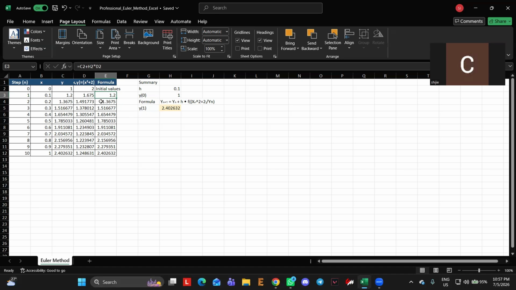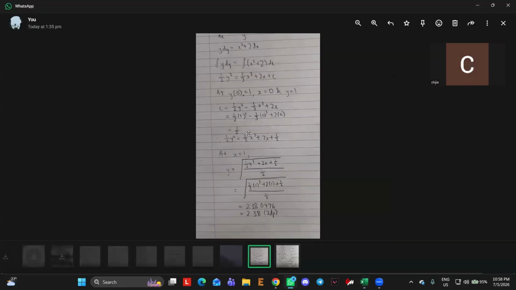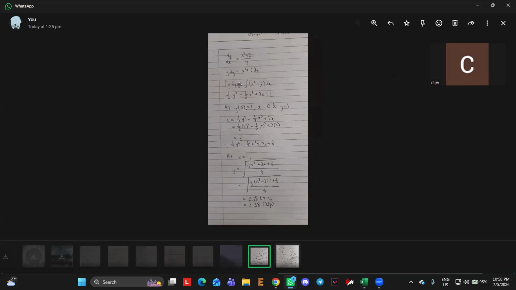We do the same for the rest of the steps, using the previous step's value to get the answer for y. Next, the general solution and some errors that the Euler method might have.